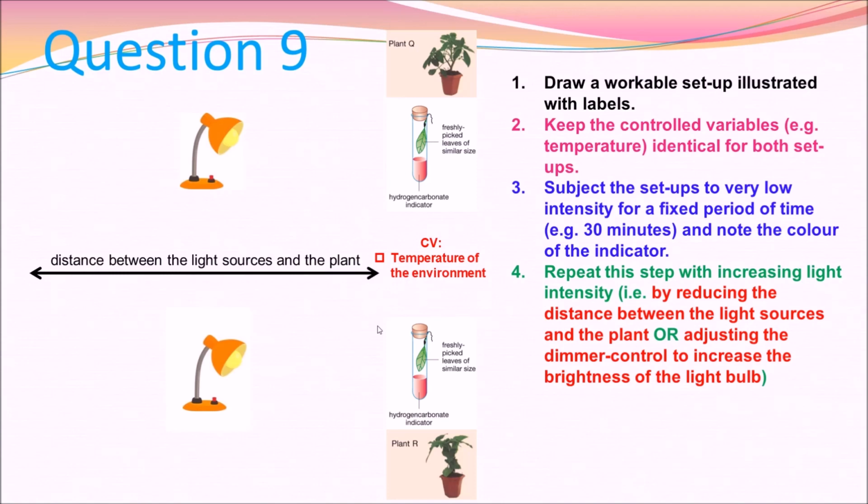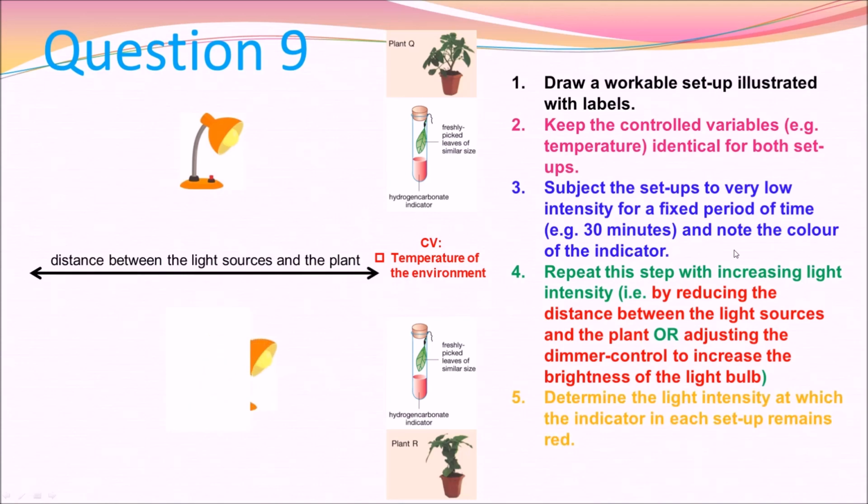We are going to change the light intensity, but how can we change it? We need to tell other people the method we use. Also we need to note the color of the indicator after changing the light intensity, maybe after 30 minutes.